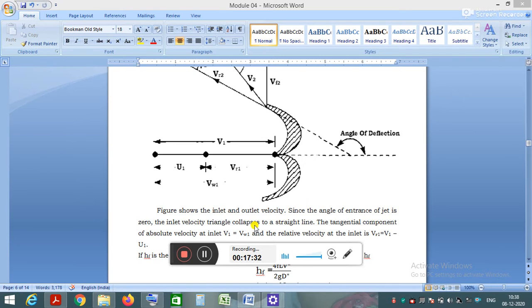Because we studied in the second module, the tangential component of the absolute velocity is responsible for the rotation of the turbine blades. Since the water enters here in the tangential direction only, VR1, U1, VW1, all of them are represented by a horizontal line. Here there is no inlet triangle, just a straight line for impulse.